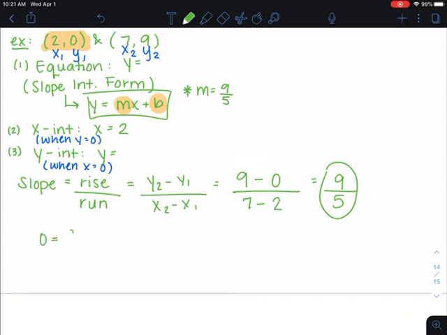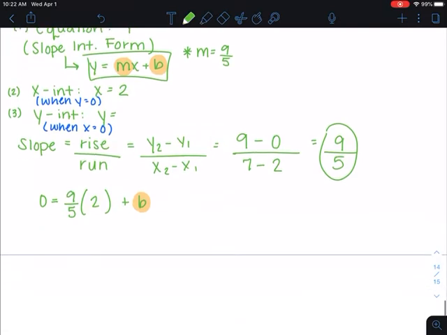In this point, y is 0, m is 9 over 5. The x value that we picked in our point is 2. Plus b. B is the y-intercept, so we're going to solve for b and get b by itself. So first and foremost, we have 0 is equal to 9 times 2 is 18. Keep that over 5.